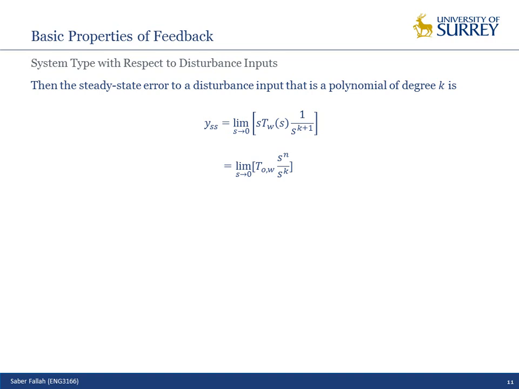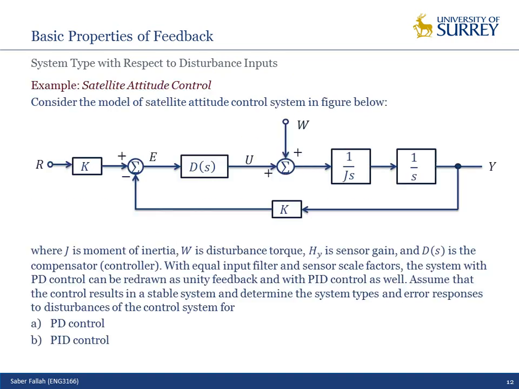So let's see these definitions based on an example. This is the satellite attitude control. We have a satellite, we want to control its attitude. The dynamic of a satellite can be shown by 1 over J s multiplied by 1 over s in a very simple way.